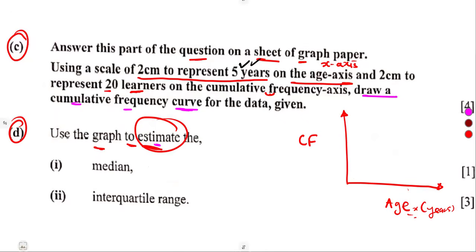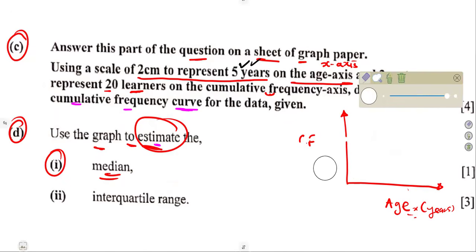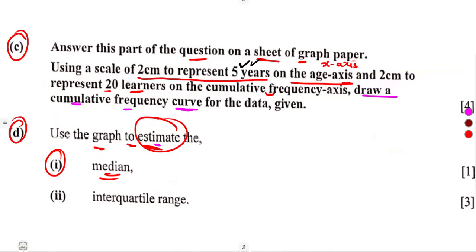Okay. So the first question was the median. Remember, the median is just half of the distribution. That is our median value. If you are using, guys, the grouped information, do not worry about this. The median is just halfway up.